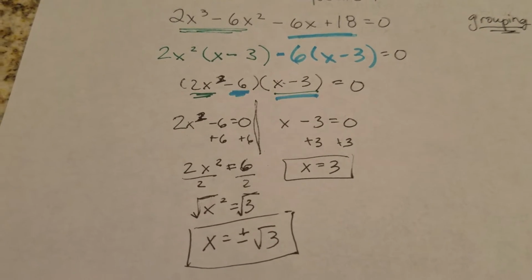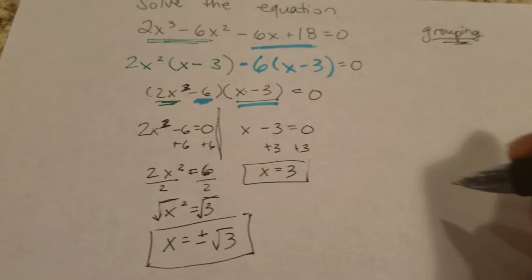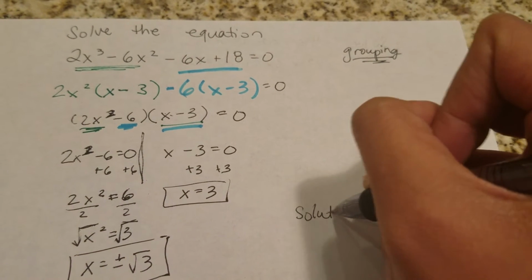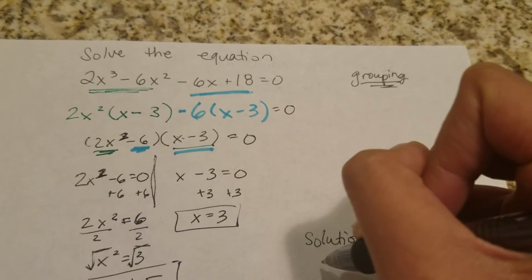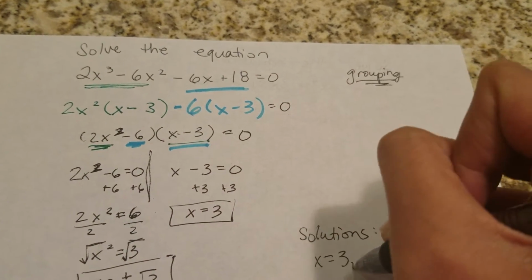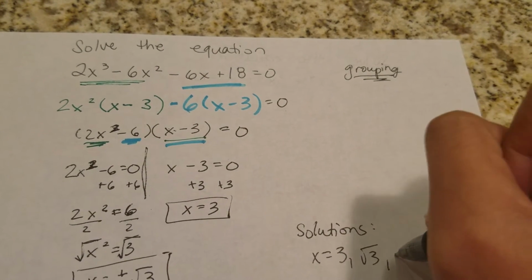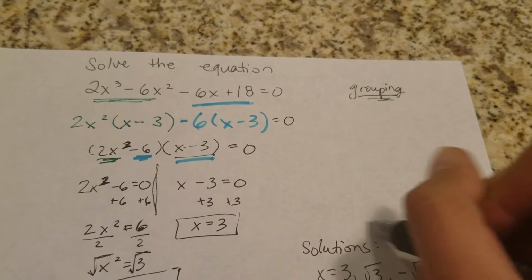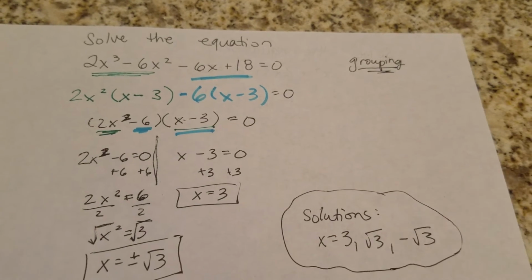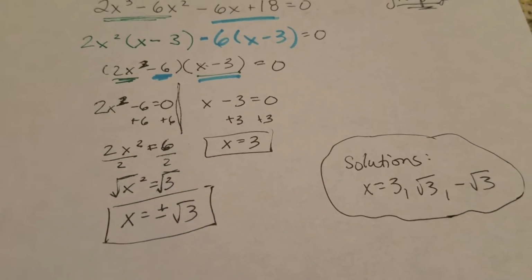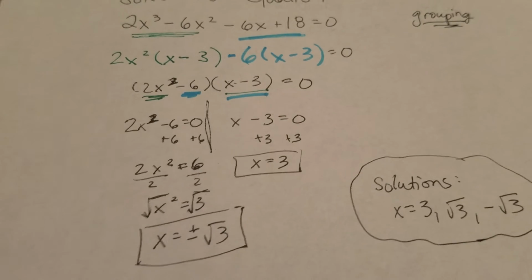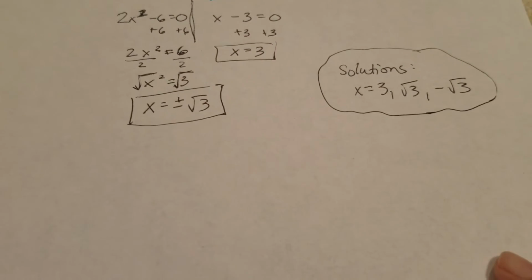Then of course you want to check it to make sure it's correct. So let's just note right now that the solutions are x equals 3, positive root 3, and negative root 3. Let's see if that's correct. I'm going to do the check like I told you guys earlier. I'm going to rewrite the original equation here.